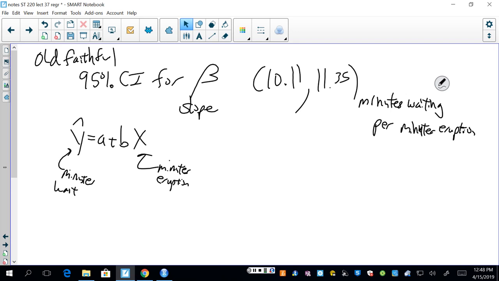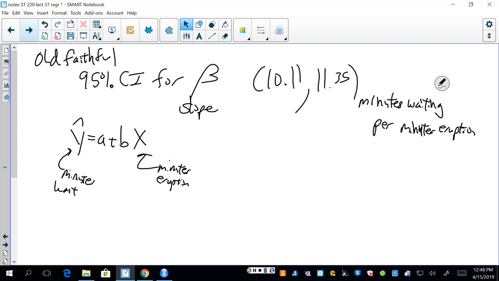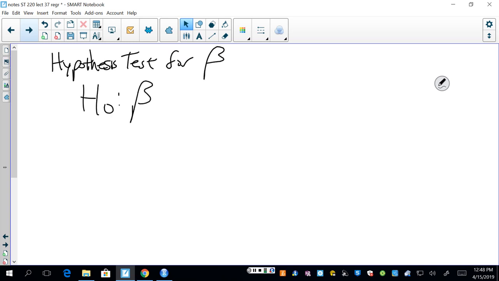So sometimes you report a confidence interval for the slope. You can also test if the slope is 0 or not. You can do hypothesis tests about the slope. So there's a null hypothesis about the slope, say that it's some beta 0 value.